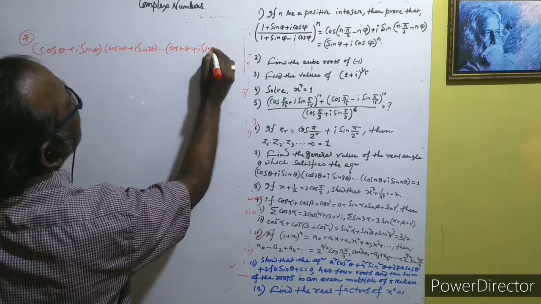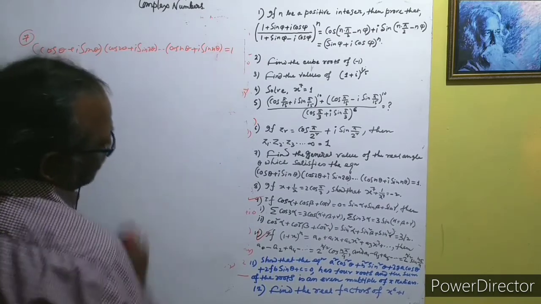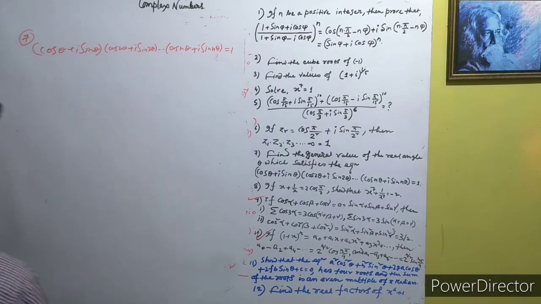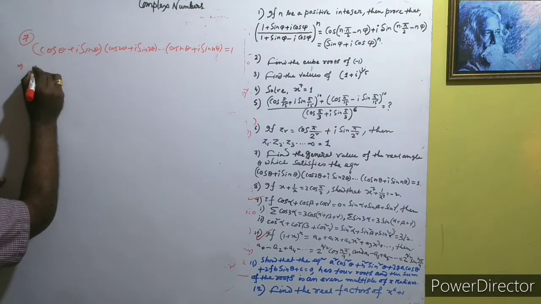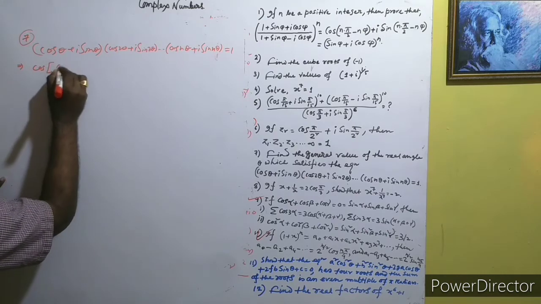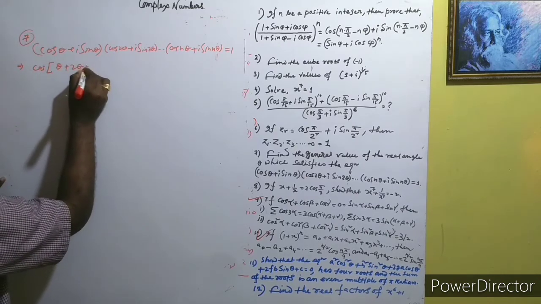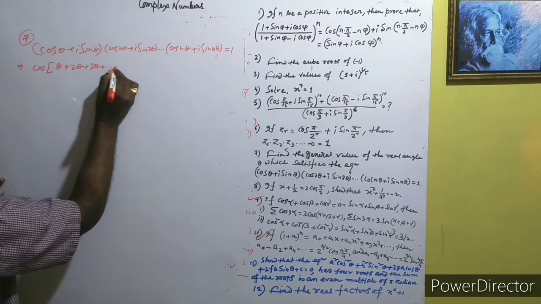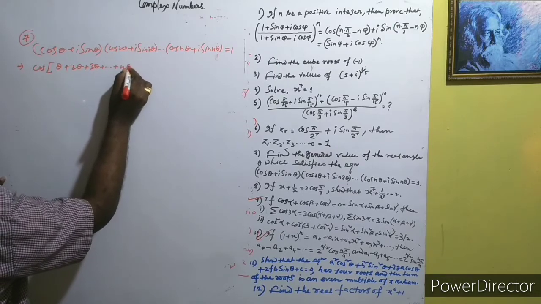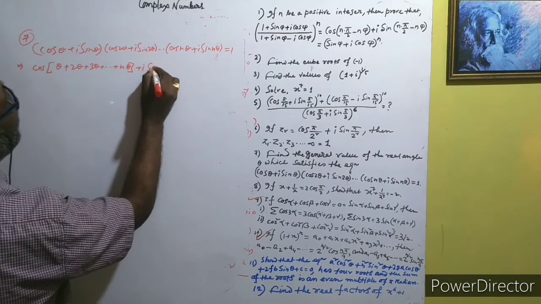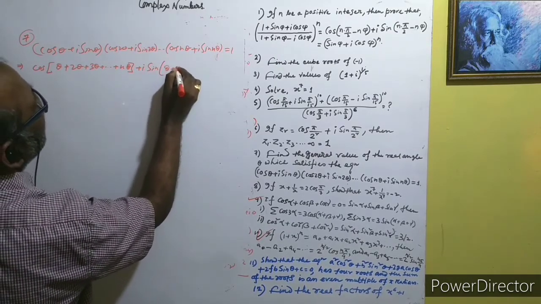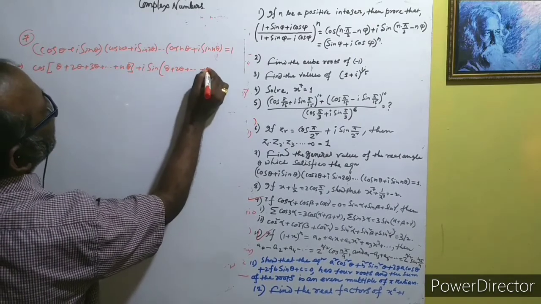This is n times of theta is equal to 1. Now you know the rules here: theta, 2 theta, 3 theta like that, and this is your cos of theta, 2 theta, dot dot dot n theta, plus i into sine of theta, 2 theta, dot dot dot n theta.